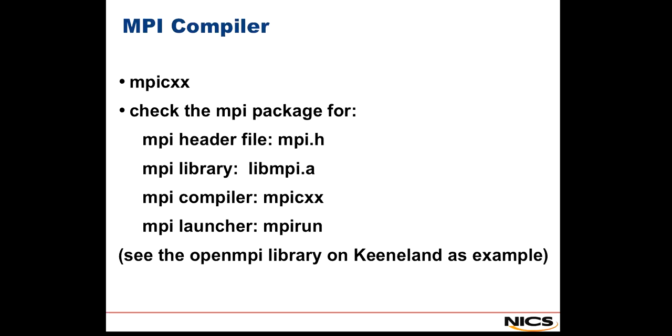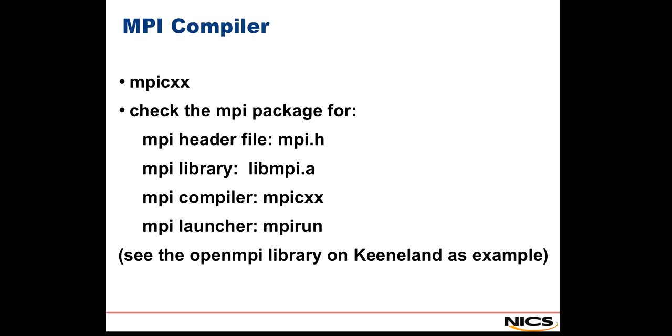Usually, the MPI launcher will be called mpirun, or in some cases mpiexec. Later in this presentation, you will see there are also other names. On a Cray machine under the Cray wrapper, it may be called aprun or some other type of name.